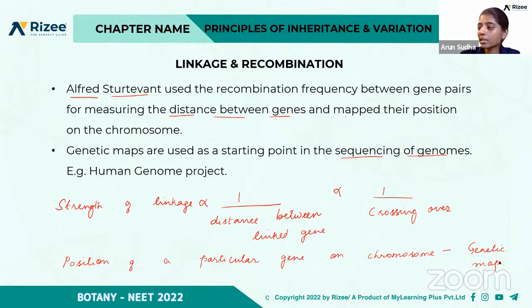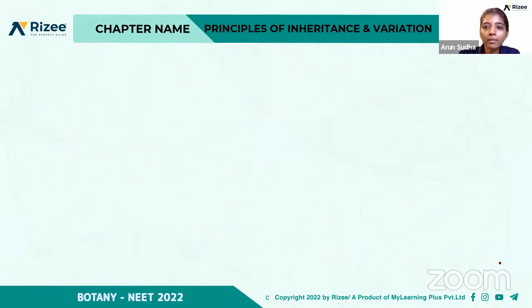So, for example, we'll discuss one problem related to the genetic map, that is how to find the distance. In the case of maize, colored endosperm, C, is dominant over colorless, c.